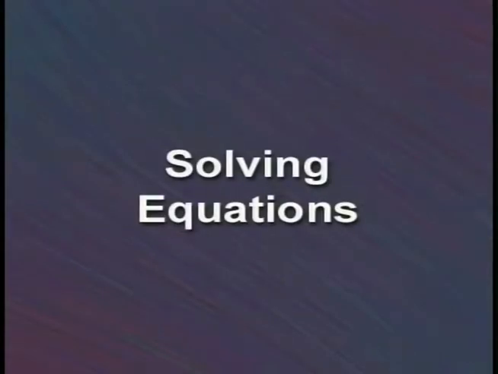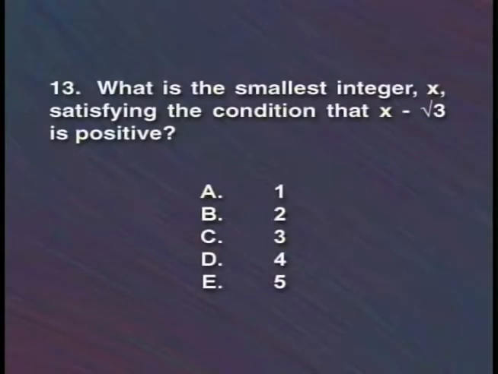Problem 13. What is the smallest integer x satisfying the condition that x minus the square root of 3 is positive? The square root of 3 is a little over 1 by estimation, or equal to 1.73 to 2 decimal places using a calculator. This problem wants us to solve for the smallest integer value of x that will make this expression positive.